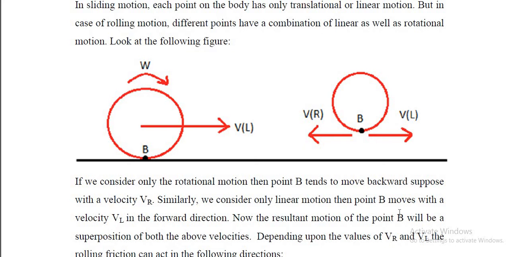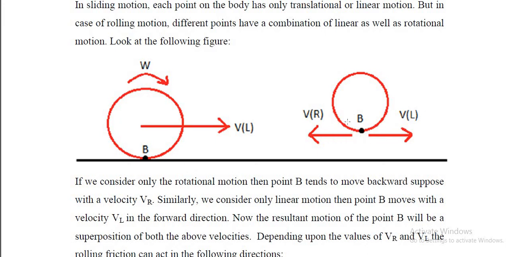If we consider the rotational motion, point B will move backwards if VR is greater than VL. If we consider only the linear motion, VL will move in the forward direction. So the resultant motion of B will be the superposition of VL and VR.